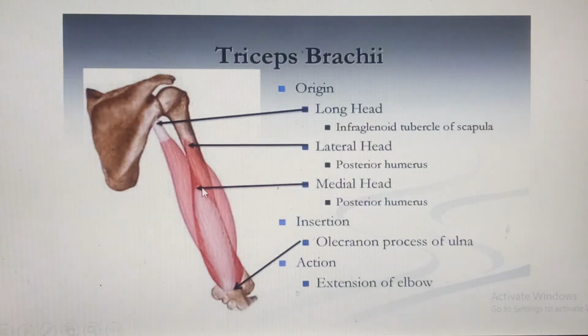So one thing that I have to know is that the medial head is the largest head, followed by the long head, and then the lateral head being the smallest head. And because the medial head is the largest head, it is supplied by the radial nerve twice, once in the axilla and once in the spiral groove. And so that is the triceps brachii muscle, working antagonistically to the biceps brachii muscle and the brachialis muscle, helping in extension at the elbow joint.